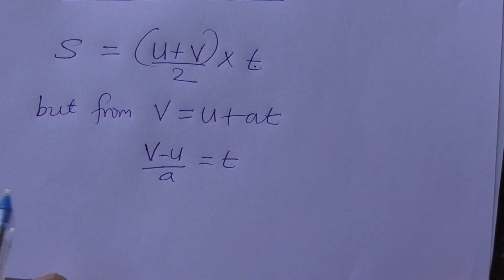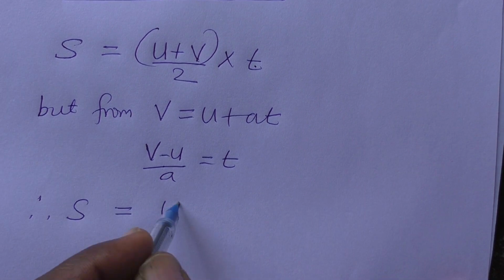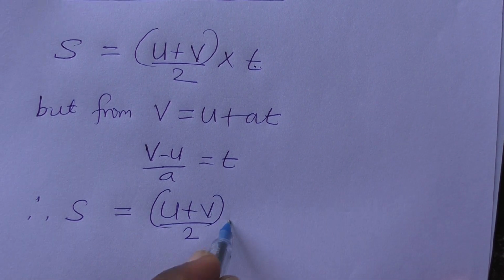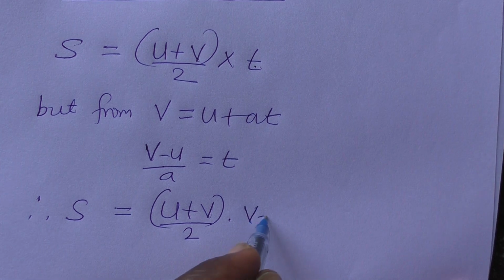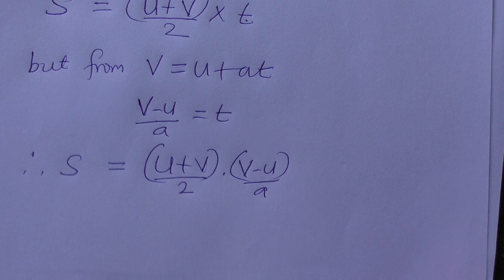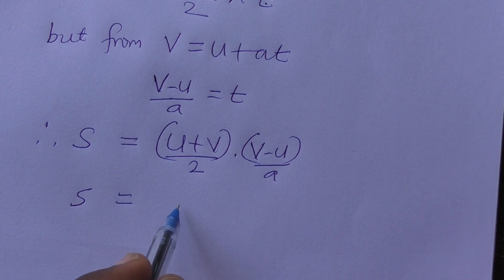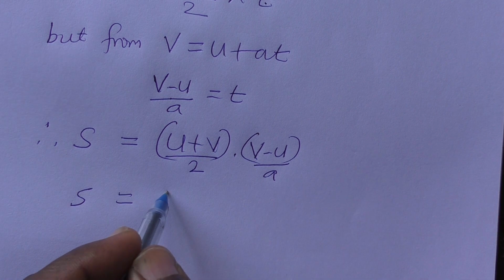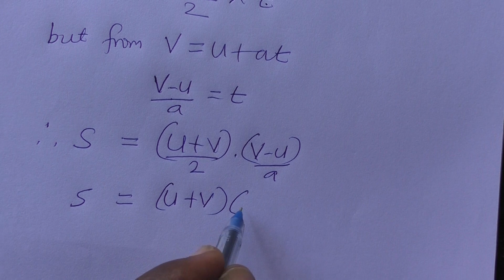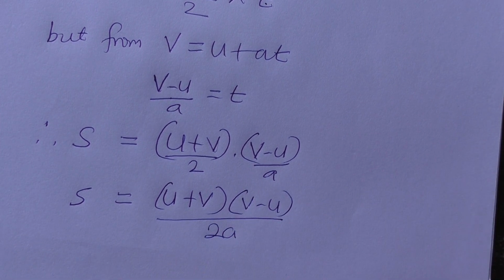And therefore, the total displacement equals u plus v over 2 times v minus u over a. And now, this gives us s as u plus v, and then v minus u over 2a.